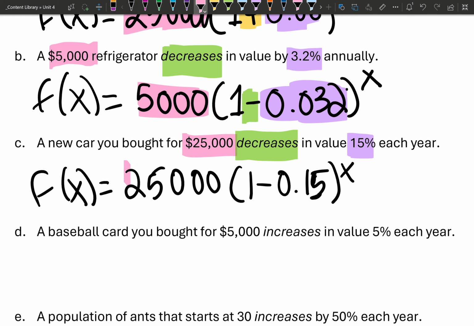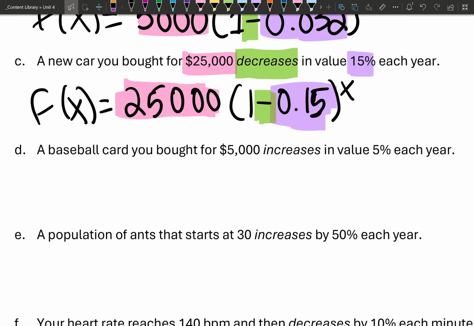Anyways, we get a function that is 25,000, parentheses, 1 minus, because it's decreasing, 0.15, because that's 15% as a decimal.